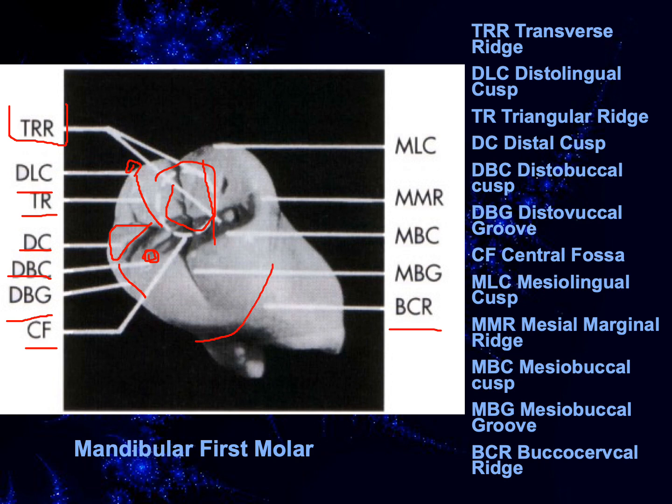It's not so prominent in this tooth. Mesobuccal groove, the mesobuccal cusp, the mesial marginal ridge, and the mesolingual cusp.